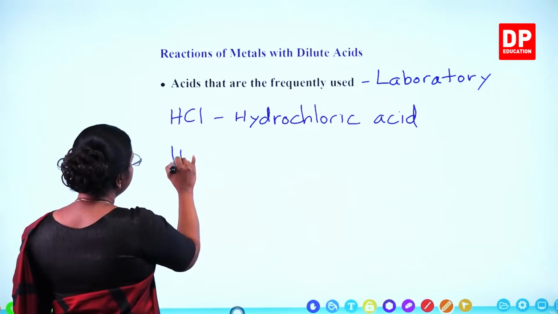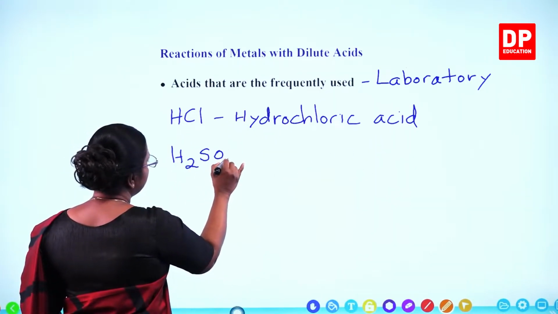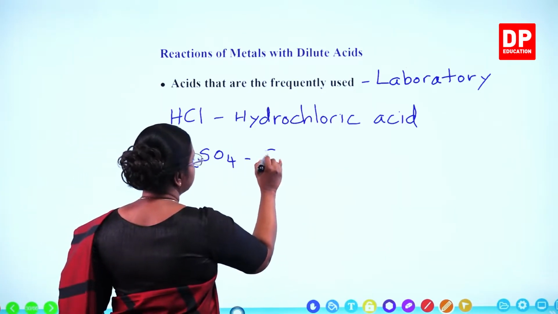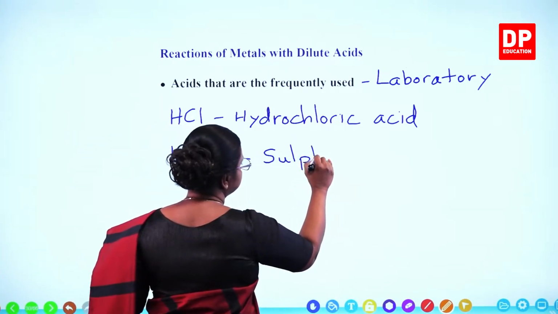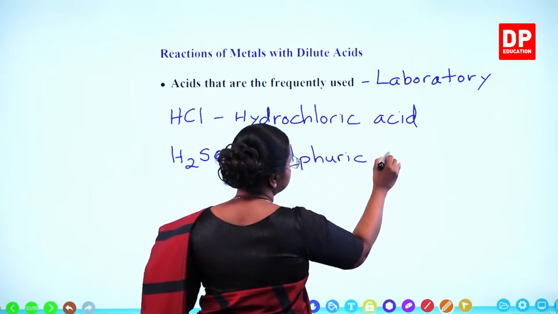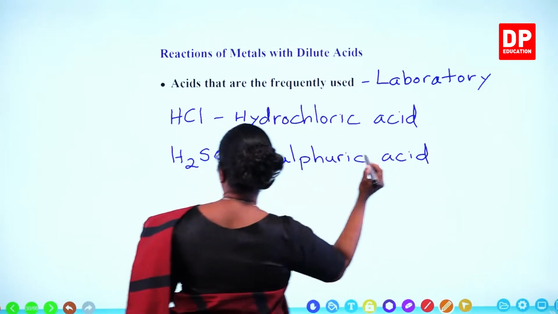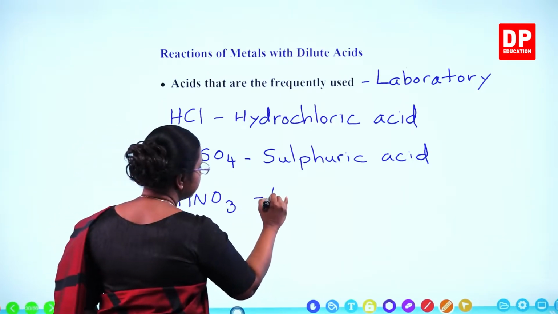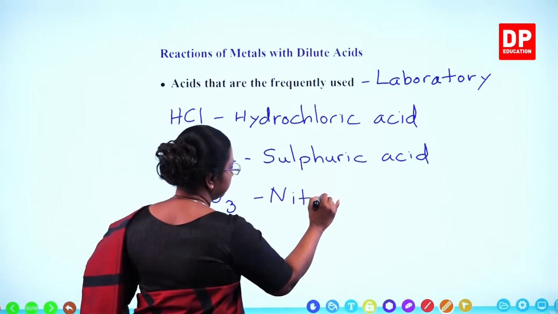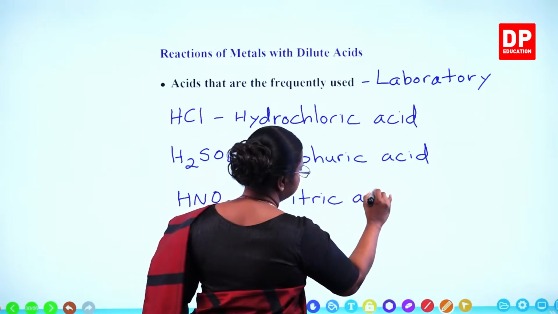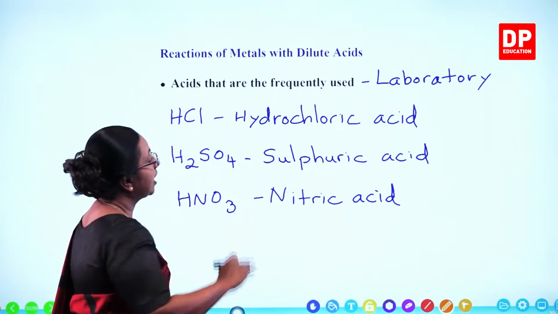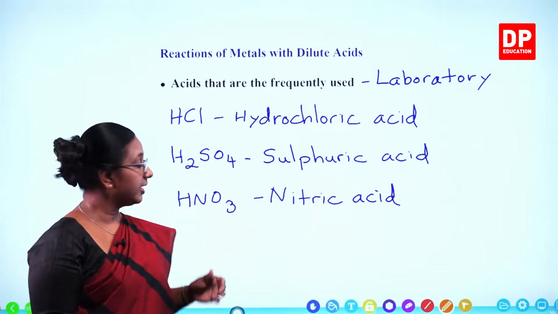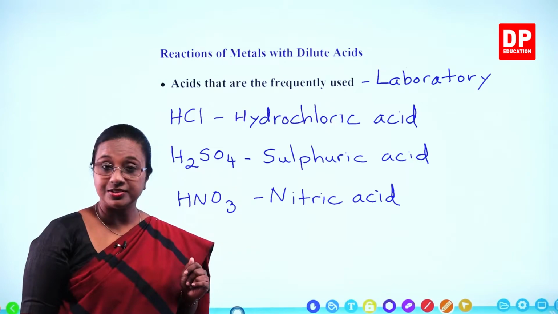Then there is H2SO4, sulfuric acid. And then we have HNO3, that is nitric acid. So hydrochloric acid, HCl, sulfuric acid, H2SO4, and nitric acid, HNO3.